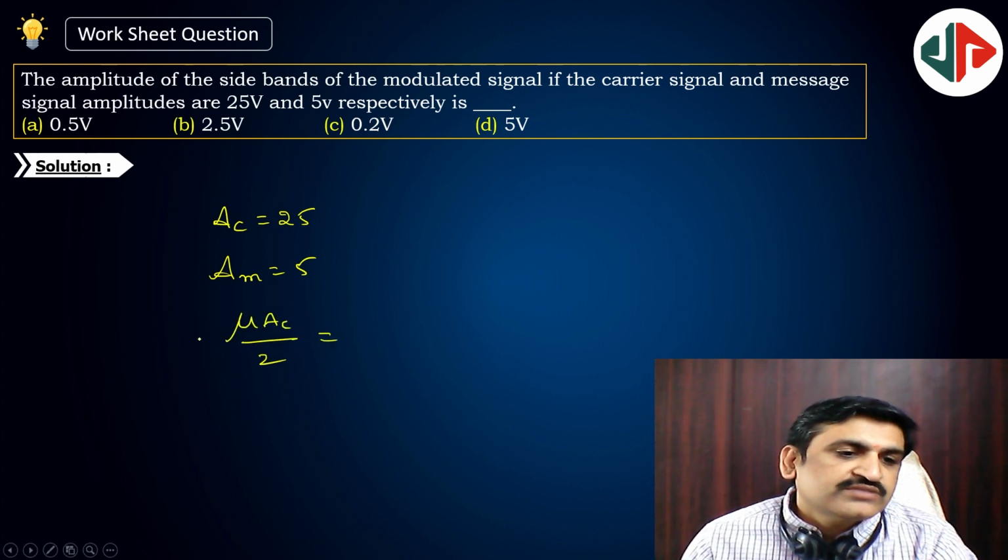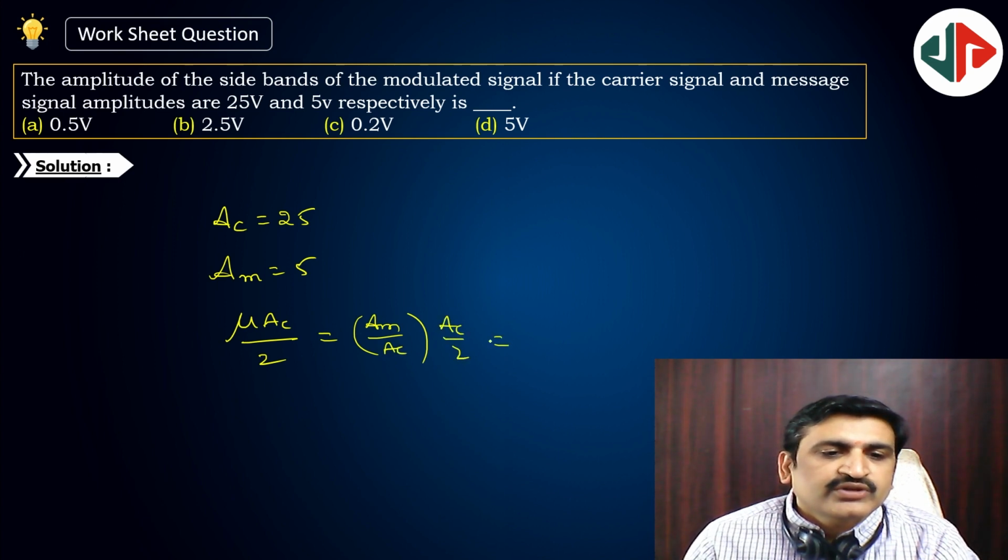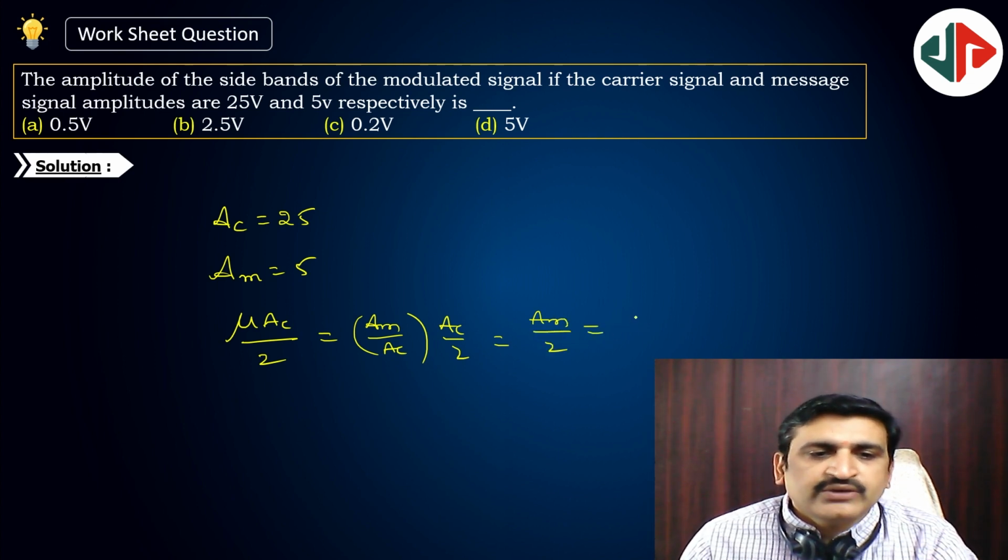Mu is modulation index. What is modulation index? Modulation index is equal to Am by Ac into Ac by 2. So Ac gets cancelled, Am by 2 will come, that is 5 by 2, which is equal to 2.5.